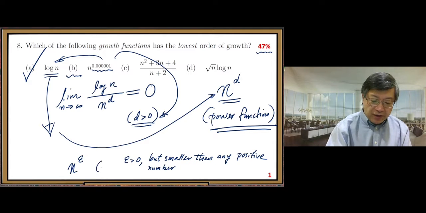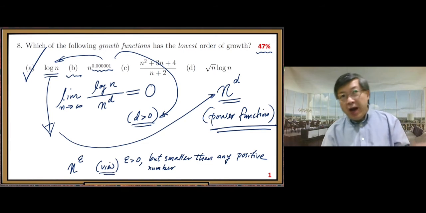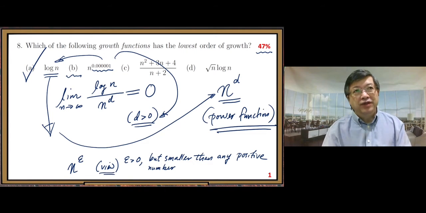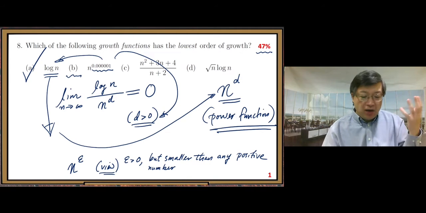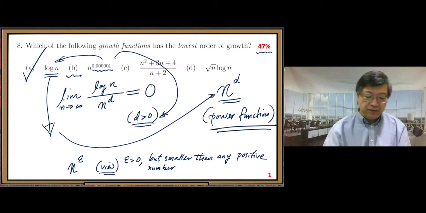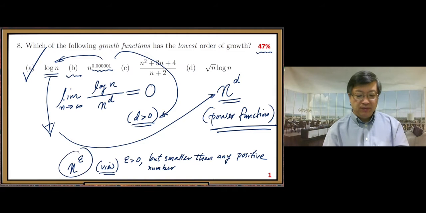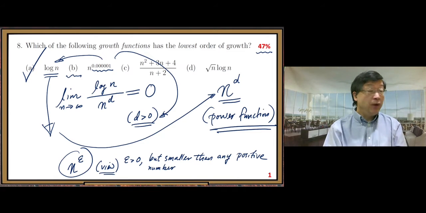If you use this special view, it may not be very rigorous, but it is a way to understand how large the log function is. First, treat epsilon as a positive number, not 0, greater than 0.